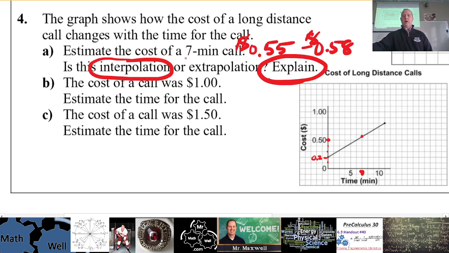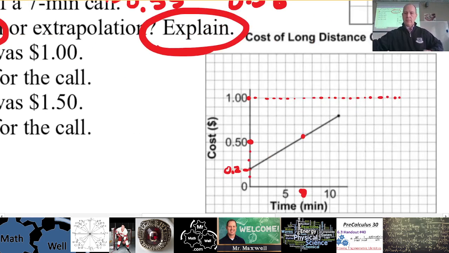All right, the cost of the call was $1. Okay, so here's $1. I need to find out where this graph would connect at the $1 mark. So I'm going to zoom in a bit. If I were to extend this black line, what is the slope here? Let's see. So 1, 2, 3, and then 1, 2, 3, 4, 5. So between that point and that point, up 3.